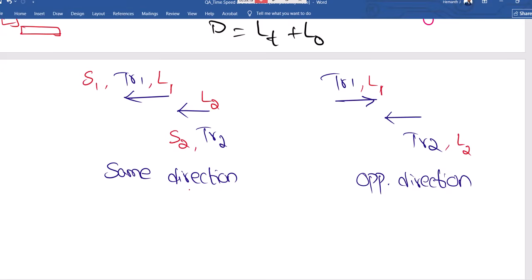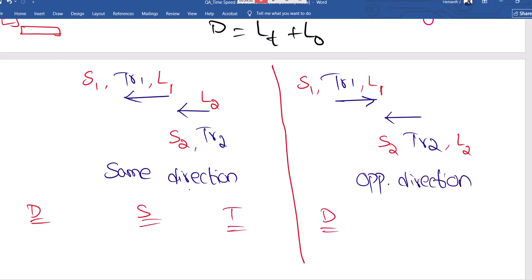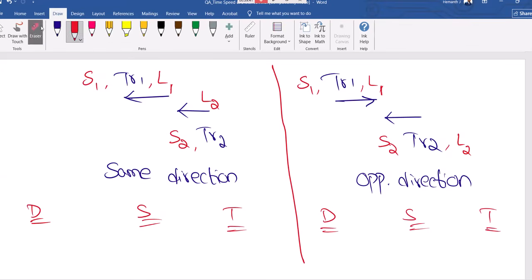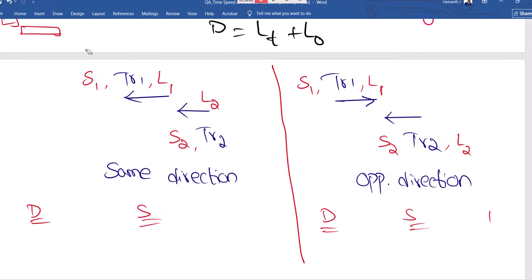Now, what is the relation between distance, speed and time here? What is distance? What is speed? What should be time in this case? When a train is crossing another train in the same direction, time you anyhow need to calculate; that won't be disturbed much. Distance and speed at least.